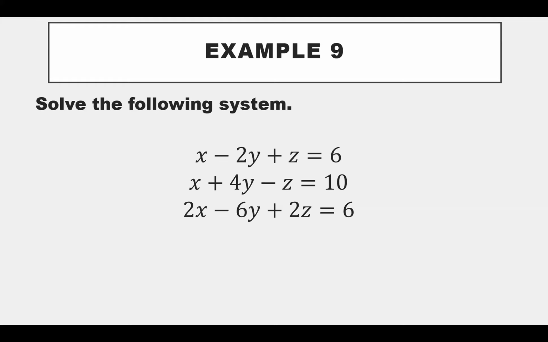The x's are lined up, the y's are lined up, the z's are lined up. The equal signs are lined up, and the constants are lined up. So I want to pick a variable to eliminate. In this case, you can actually use either x, y, or z. So I'm going to try to eliminate z. Let me show you how this is done.